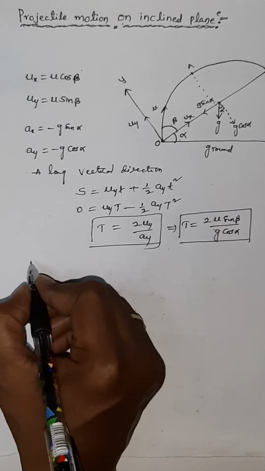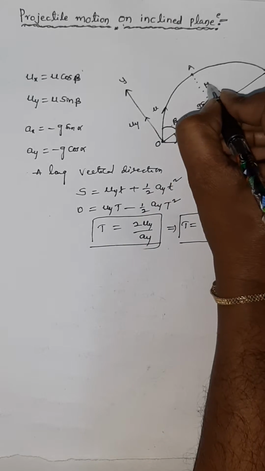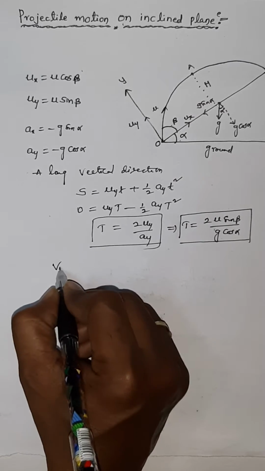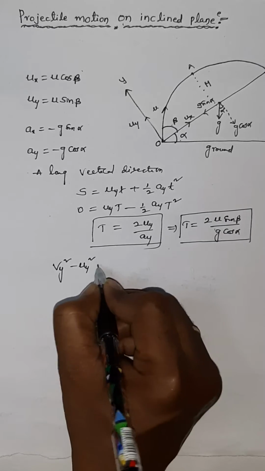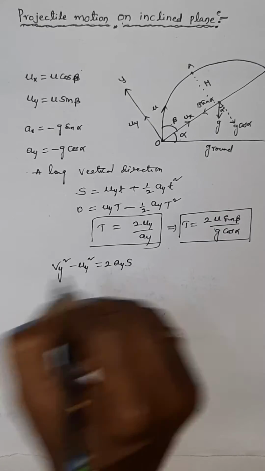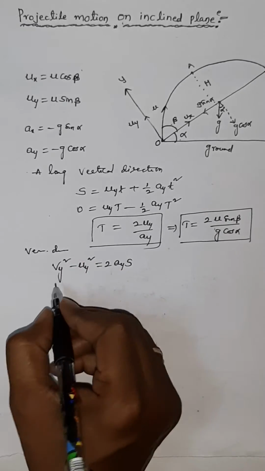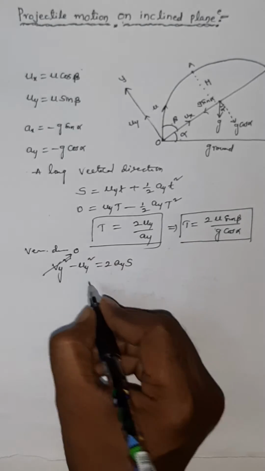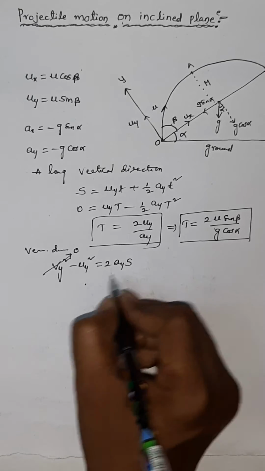Similarly, we can find the maximum height. If h is the maximum height of a projectile, then along the vertical direction, again from equations of motion, v square minus uy square equals 2 ay s. Along the vertical direction the vy component is 0 and ay is negative, and s can be written as h.